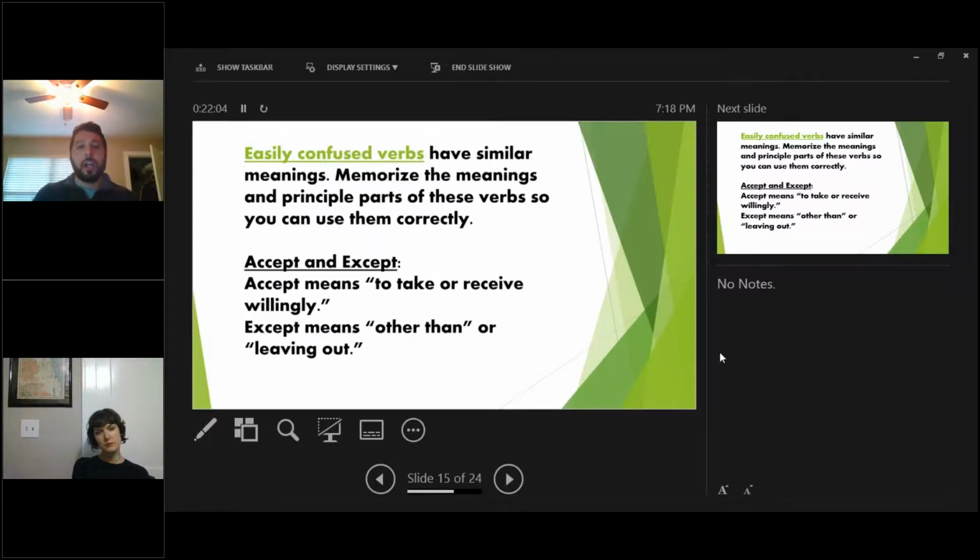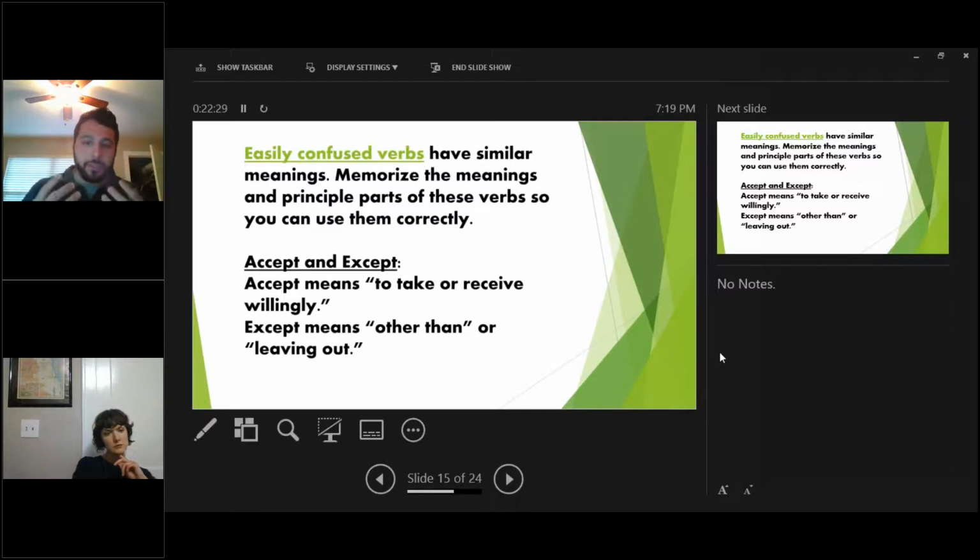Okay, now here are a couple that I just want to touch on because they're in the lessons and they're important ones to know just so you don't get confused. These are verbs that have similar meanings, and really the best way to deal with these is to just memorize what they mean. So one of those is accept and except, A-C-C-E-P-T versus E-X-C-E-P-T.